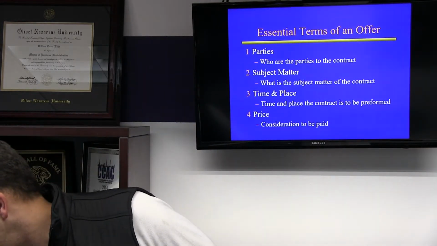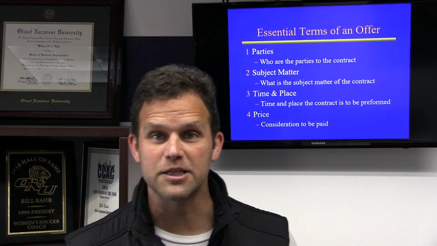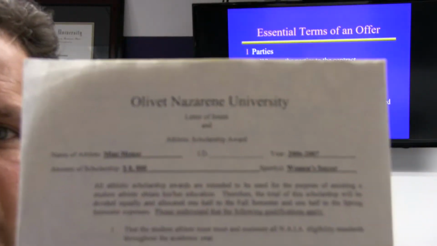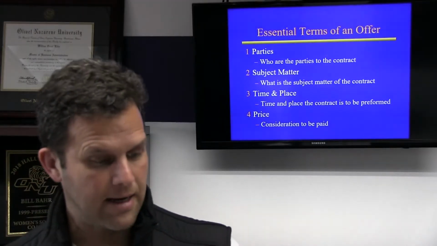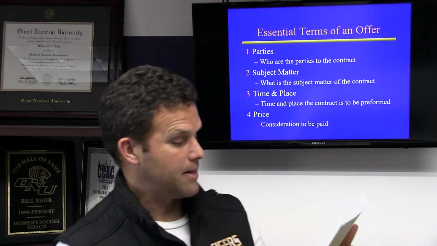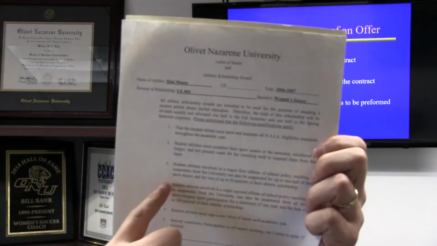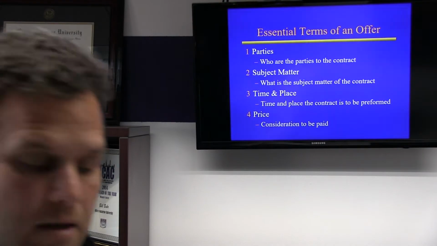As an example, I have here, any of you who've played sports at Olivet have signed something like this. This one happens to be made out to Minnie Mouse, and it's for $8,000. Minnie Mouse is worth a lot of money. There are certain stipulations on the contract itself that Minnie Mouse has to adhere to.